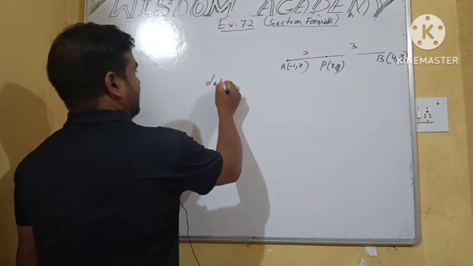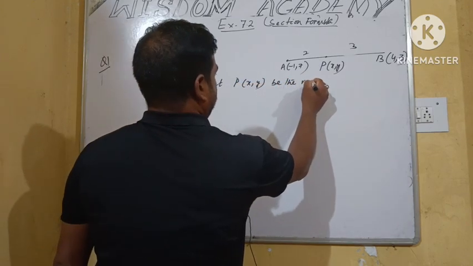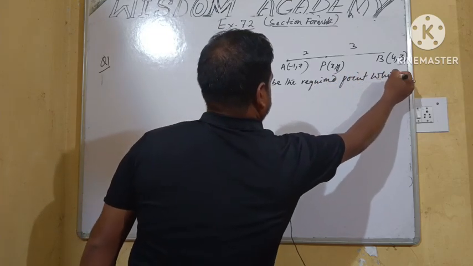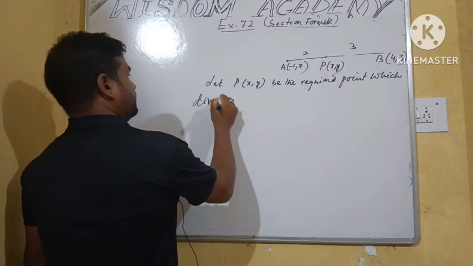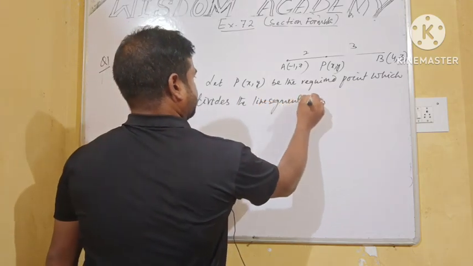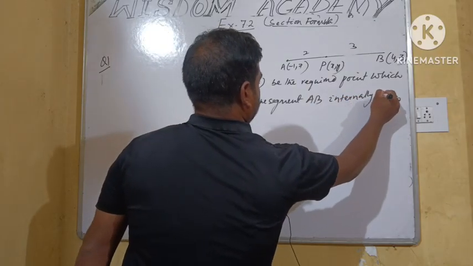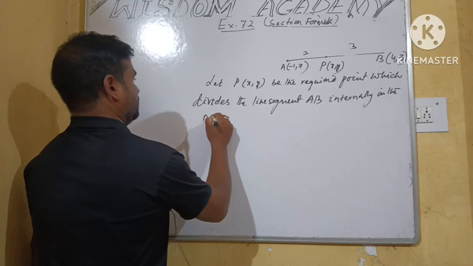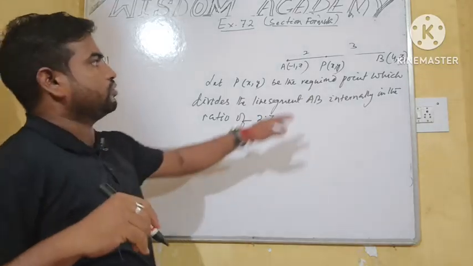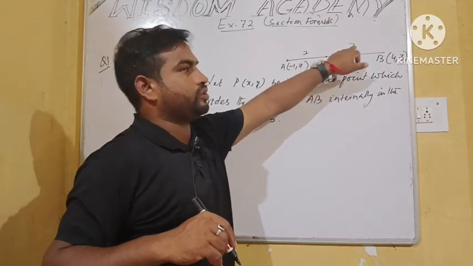Write down: let P(x, y) be the required point which divides the line segment AB internally in the ratio of 2:3.